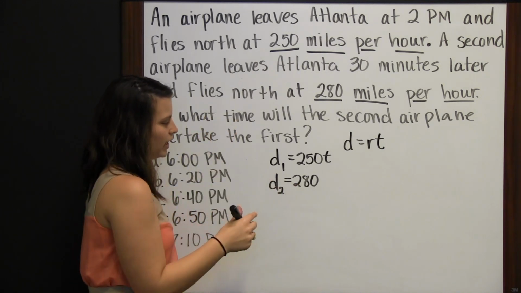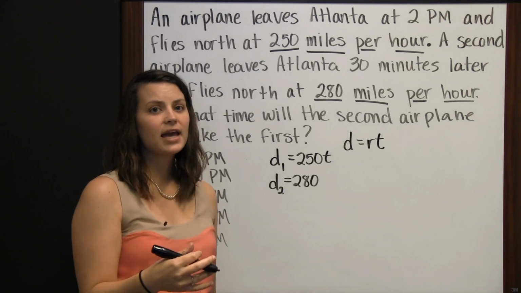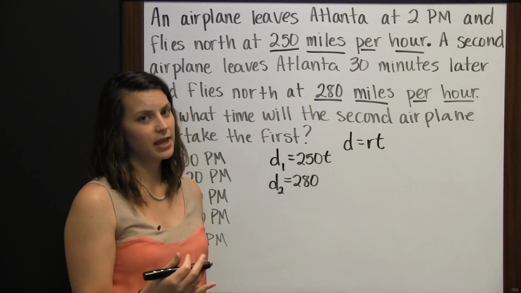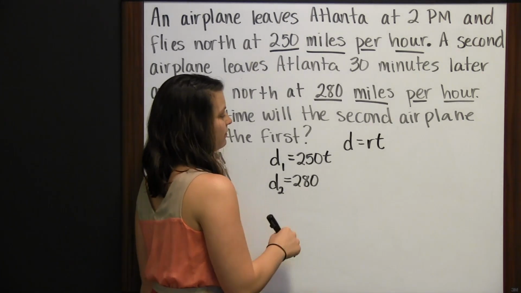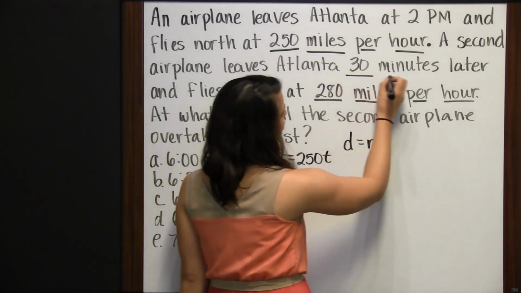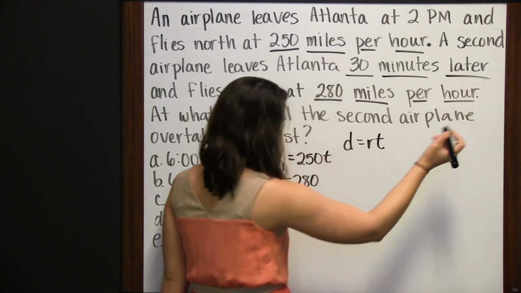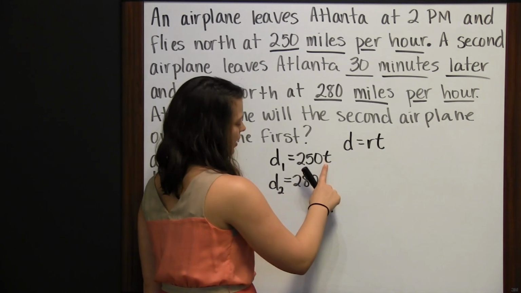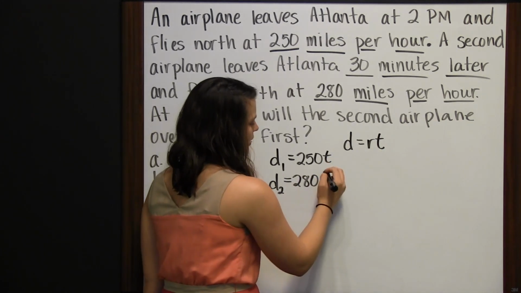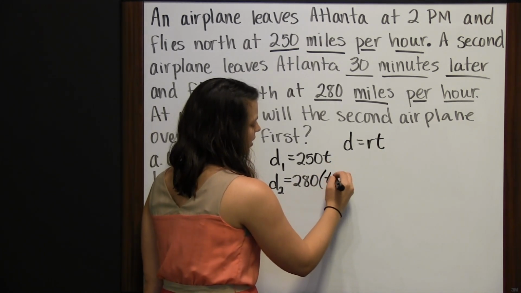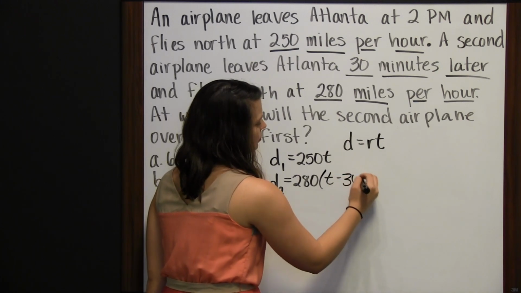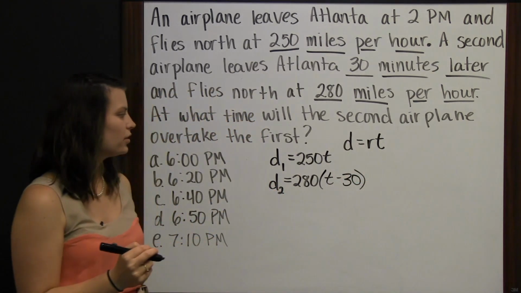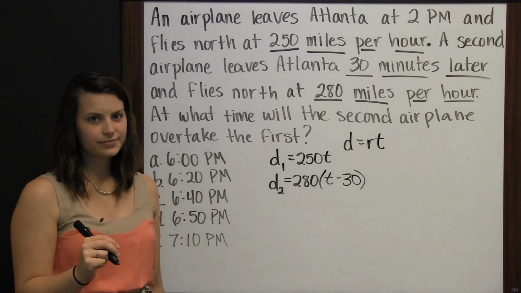The second airplane won't have been flying as long as the first when it catches up. It's going faster, and it left 30 minutes later. So however long the first airplane has been flying, the second one will have been flying that time minus 30 minutes, since it left 30 minutes later.